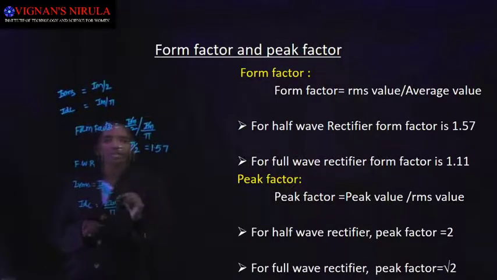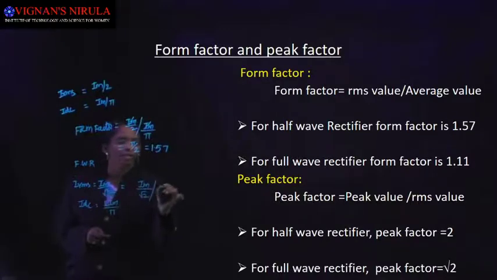After substituting these values in the form factor, we get Im by root 2 divided by 2 Im by pi. Im gets cancelled, and what remains is pi by 2 root 2.